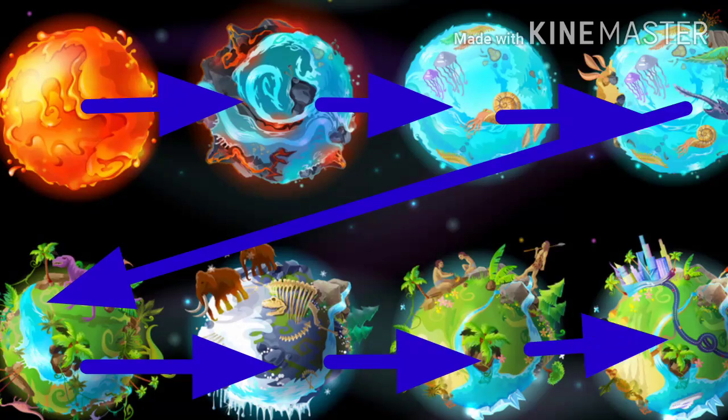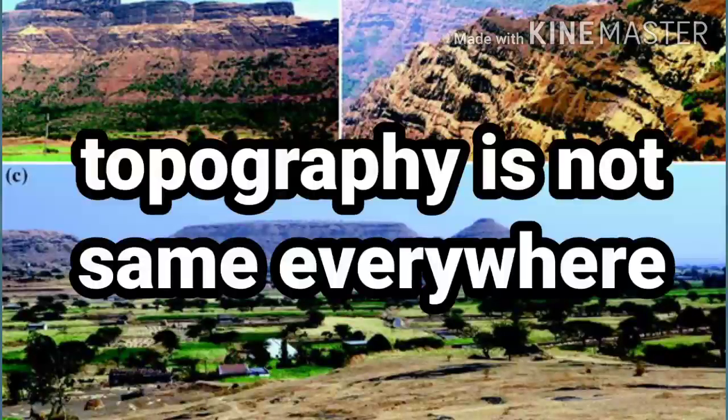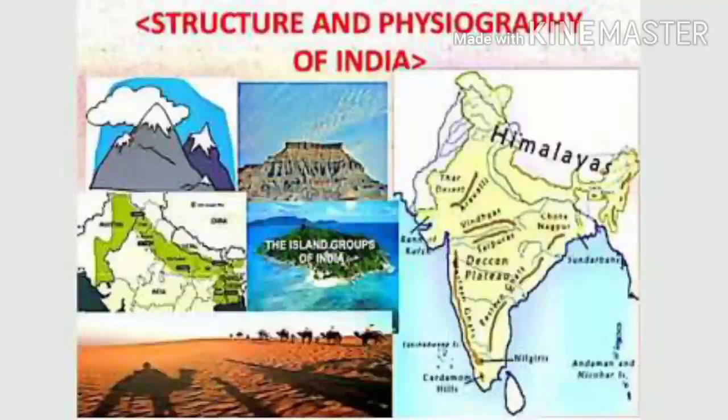The structure of our Earth is referred to various things. If we talk about the topography of our Earth, it is not the same everywhere, right? And already you have studied about the physical features in your ninth class. So here also we will focus on the structure and the physiography of India. So let's start the topic.